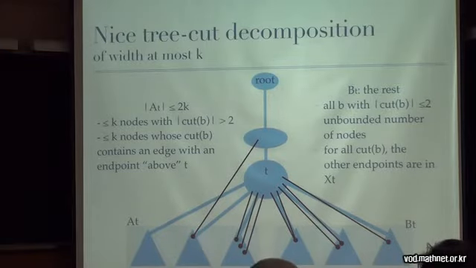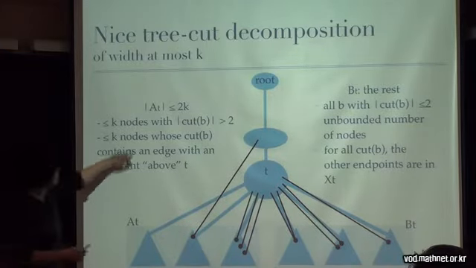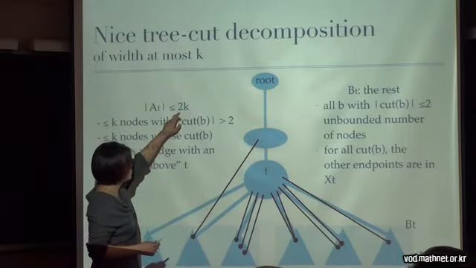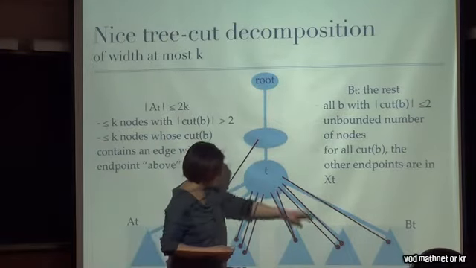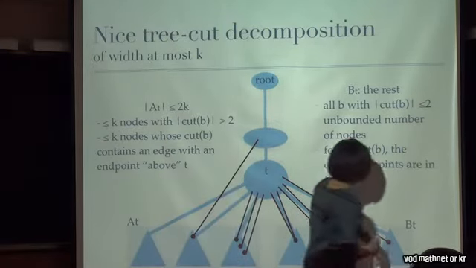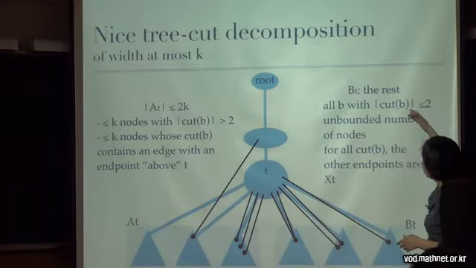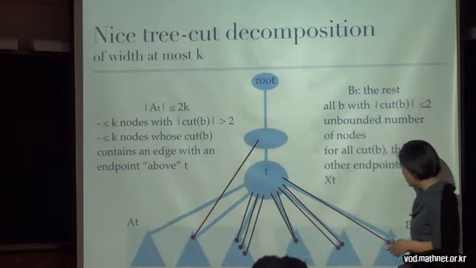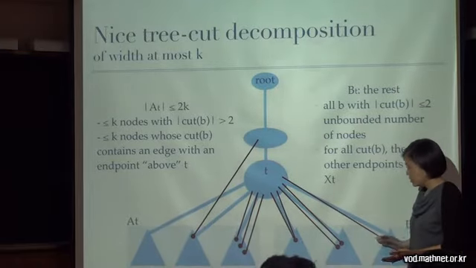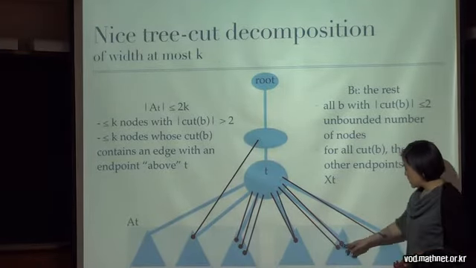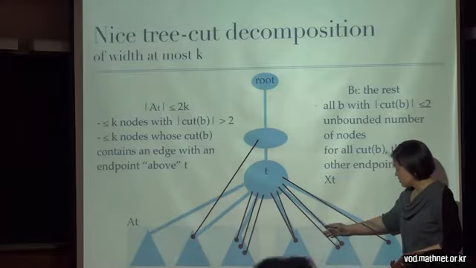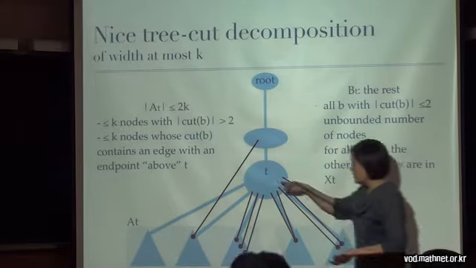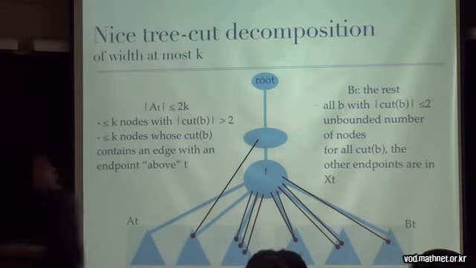Okay, so we obtain this picture. AT has this property, and they have at most 2k children. And in BT, there can be arbitrarily many nodes, but they have this nice picture that the cut size along each tree edge is at most 2, and the endpoints of this cut edge land exactly at XT.